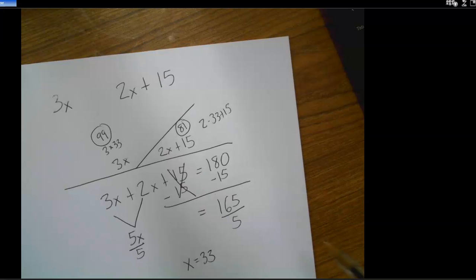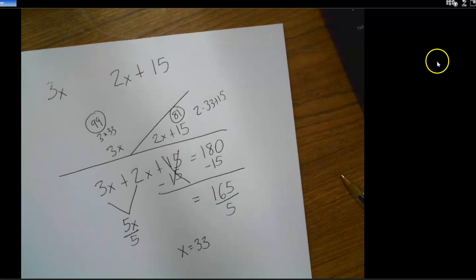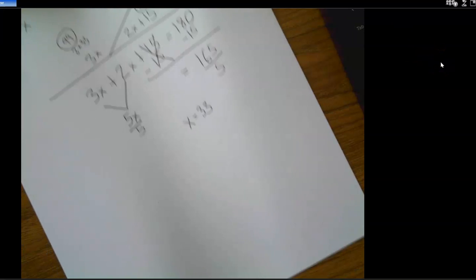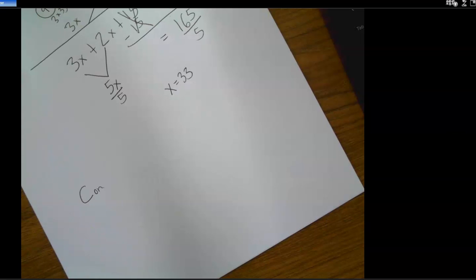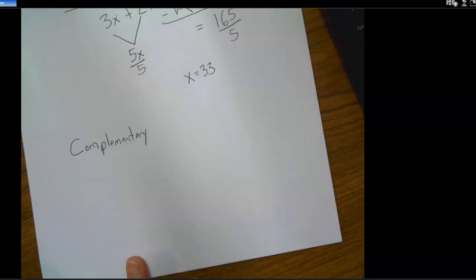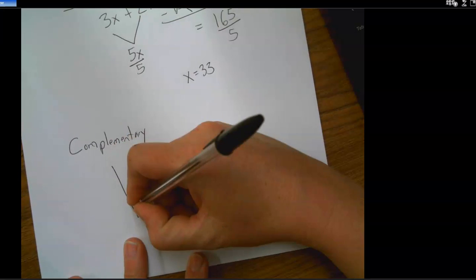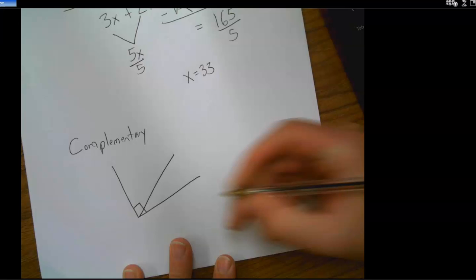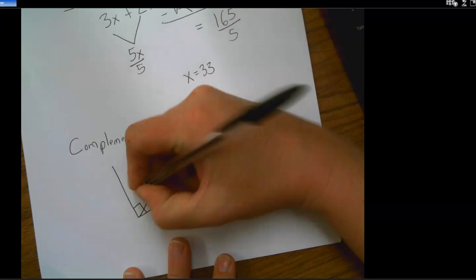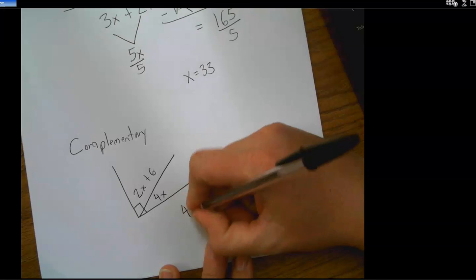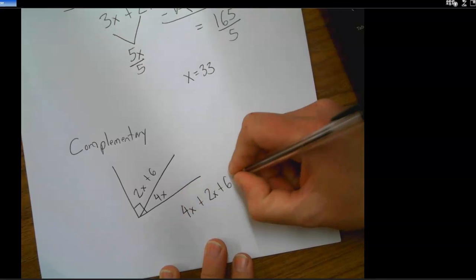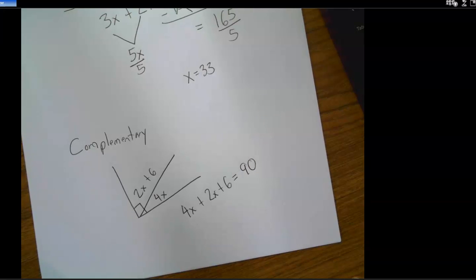That is supplementary. Okay, our second angle type is complementary. Complementary are 2 angles that add up to 90 degrees. So if I have an angle that's like 4x and another angle that's like 2x plus 6, then I would know 4x plus 2x plus 6 is 90 degrees.